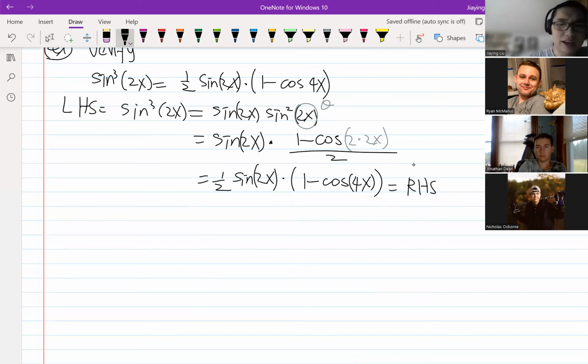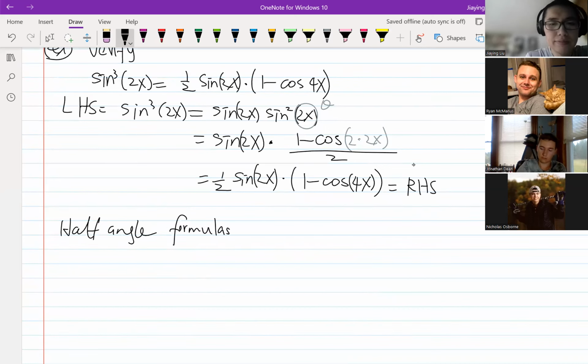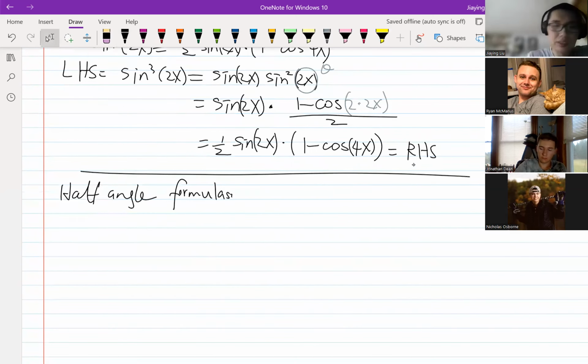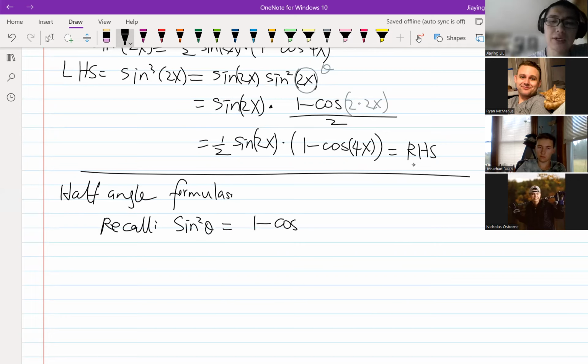Now, the next thing we have is called the half angle formulas. So recall, we had sine squared theta equals 1 minus cosine 2 theta over 2.